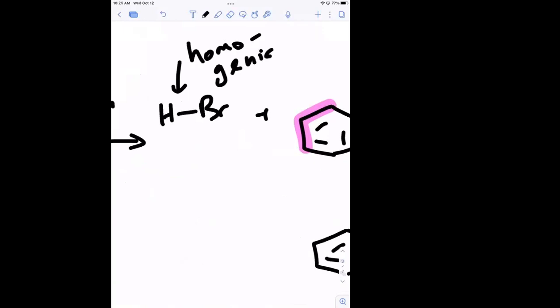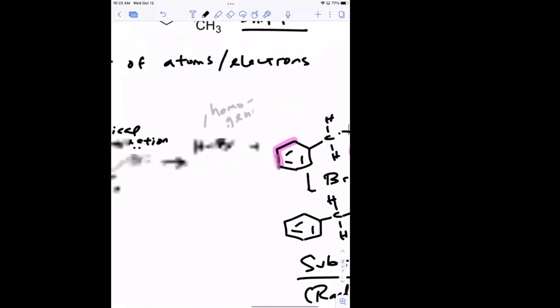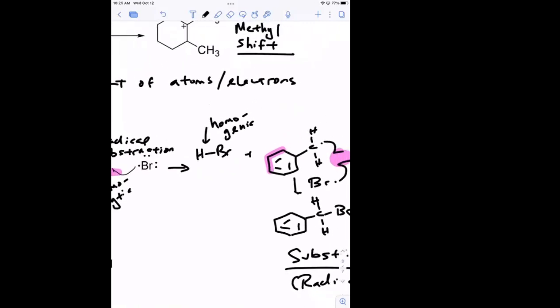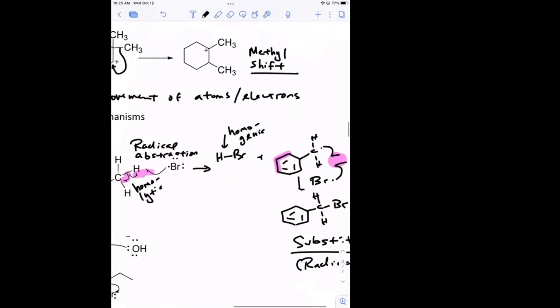Is that right? Homo, because each atom is bringing one electron to make that bond. So homolytic means I'm breaking a bond and each atom is taking one electron. Homogenic, I'm making a bond, each atom brings one electron.